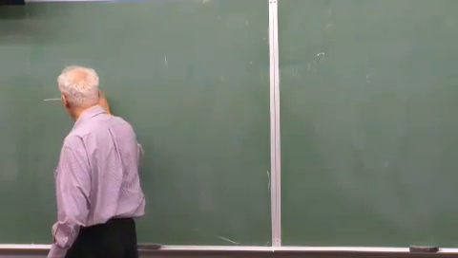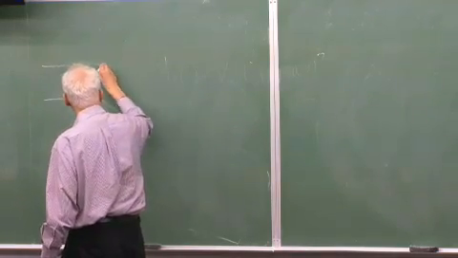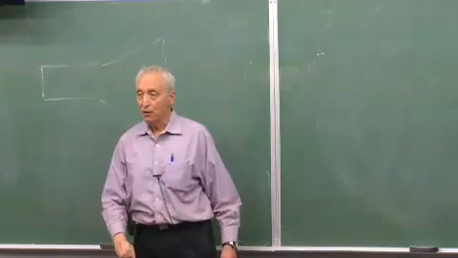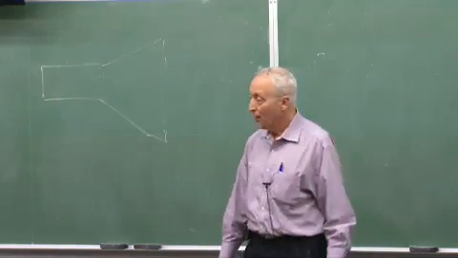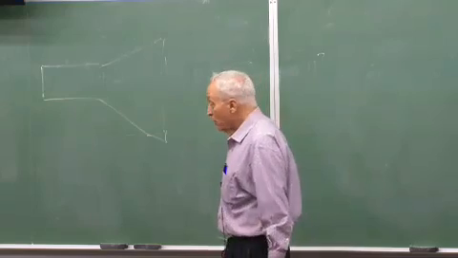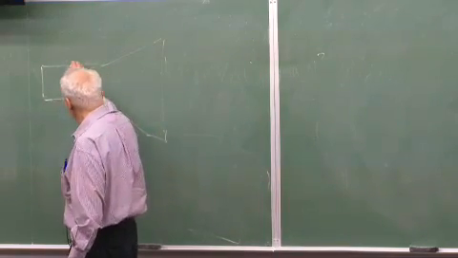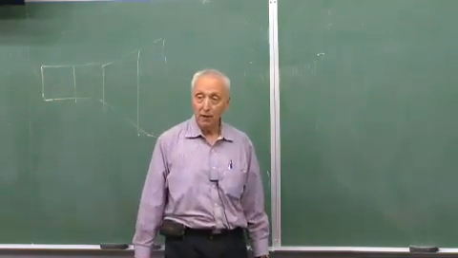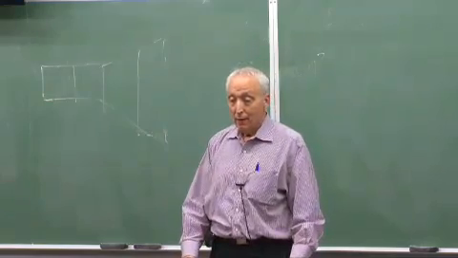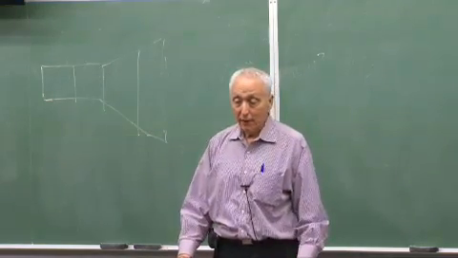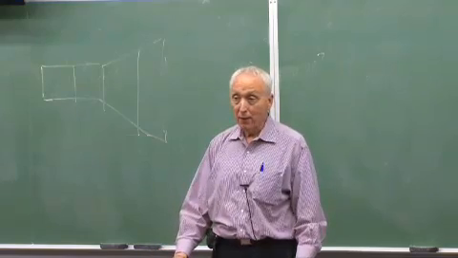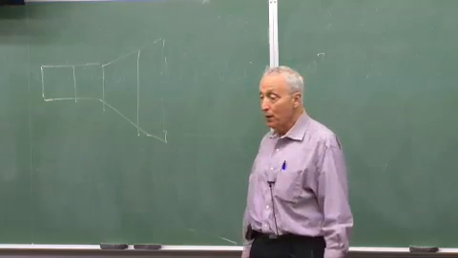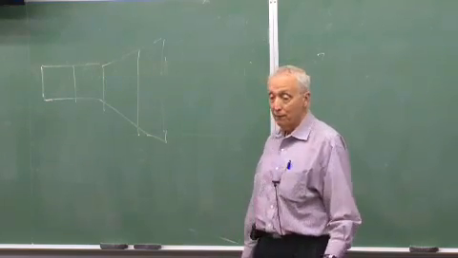Let's say that we have a nozzle that has this kind of geometry, and our coarsest mesh, let's say, has 4 elements in the x direction. And we decide that a finer mesh will have, instead of 4, let's say 6.